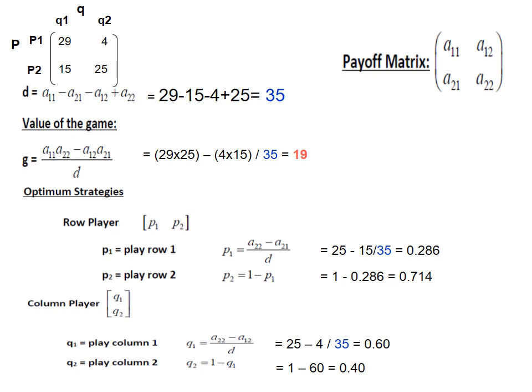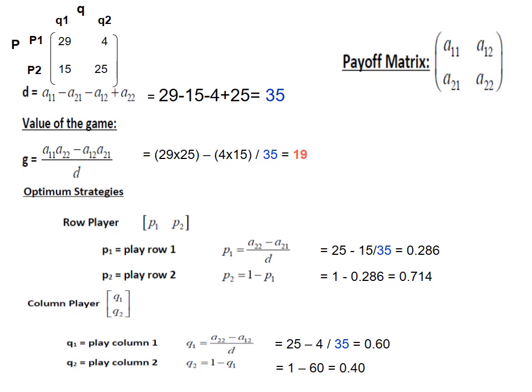First, we must calculate D, the divisor, equal to A11 minus A21 minus A12 plus A22, equal 29 minus 15 minus 4 plus 25, equal 35.